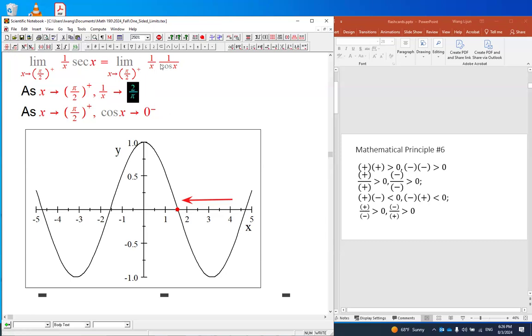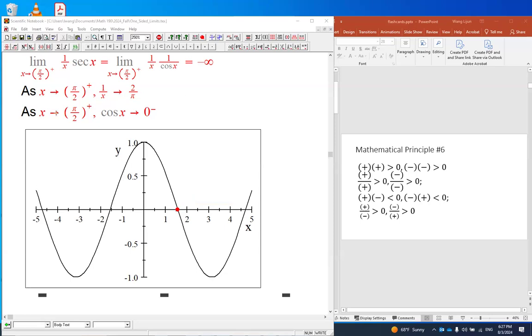So it's a finite number divided by something close to 0, but negative. So this limit is going to be negative infinity. Well, it doesn't have a limit. It's negative infinity. Okay, so that's how you analyze. It requires some knowledge of the basic functions.